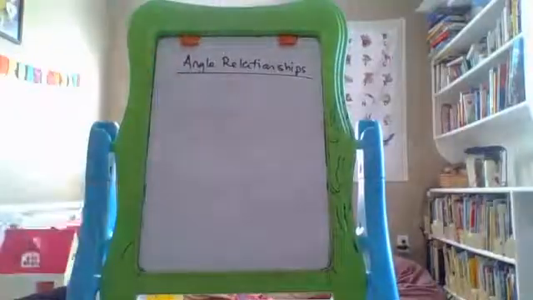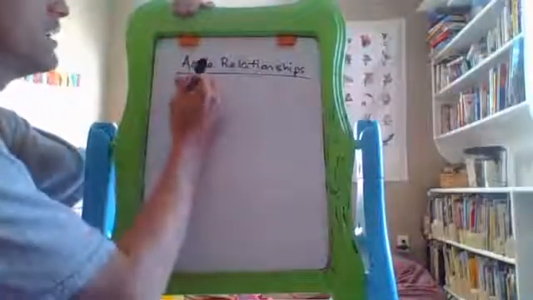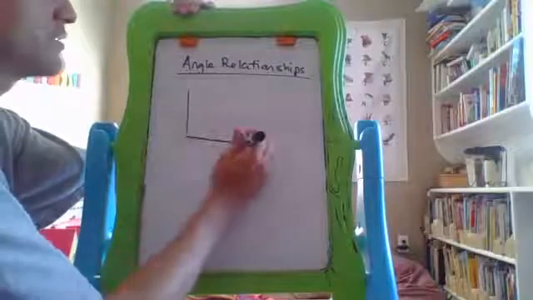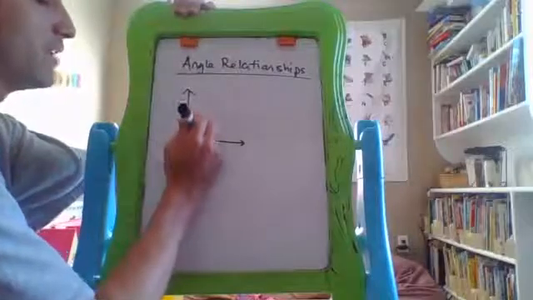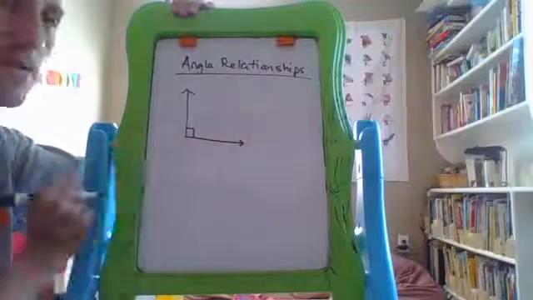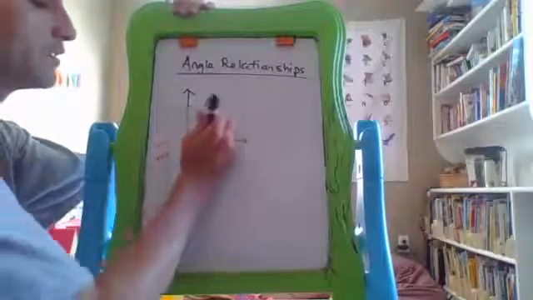An example for complementary is we have something that looks like this, and we have a 90 degree angle. This little square right here means 90 degrees.